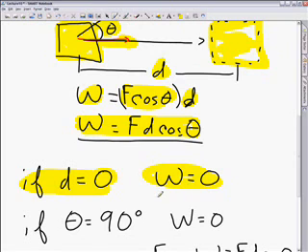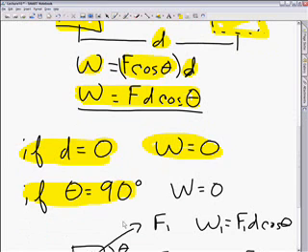Now you have another case. What if our theta equals 90 degrees? In this case, let's say you're holding the book and you're just walking with it. You're walking with a constant velocity, so we're not worrying about accelerating or decelerating the book. We're just moving with the book.